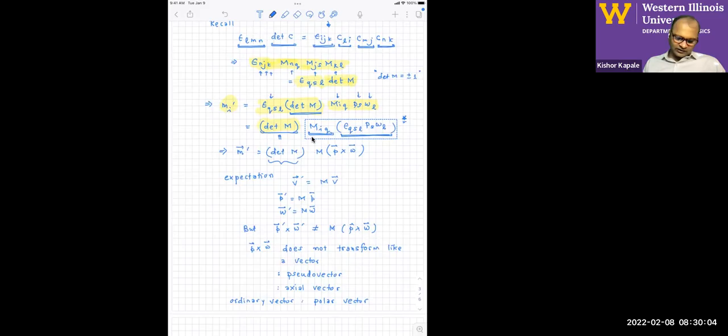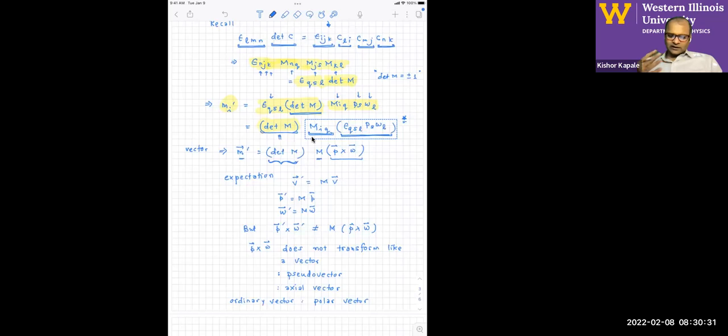Let's now write down the vector relation, which gives us that m prime is now the m transformation matrix applied to P cross W, but there is this extra determinant of m in front. That means there is a plus or minus 1 sign. If the determinant of M is +1, then it's identical.